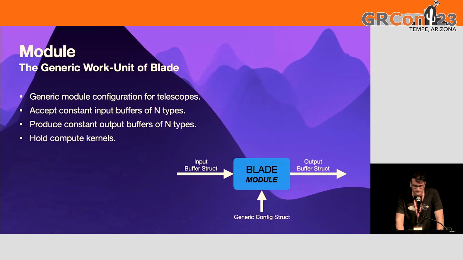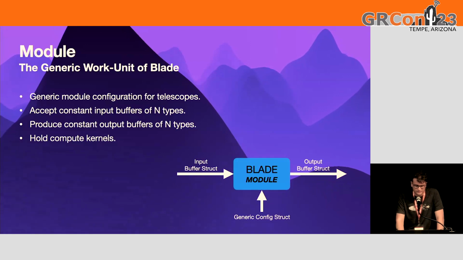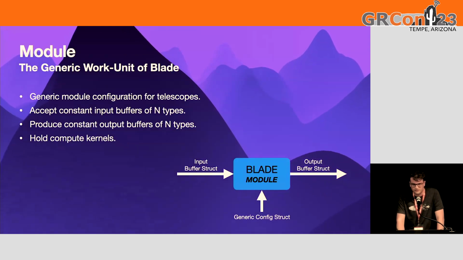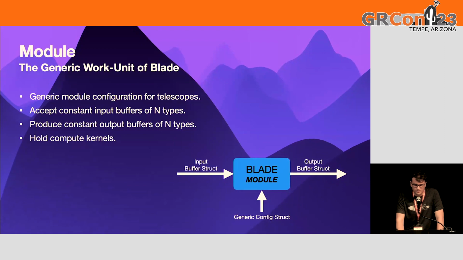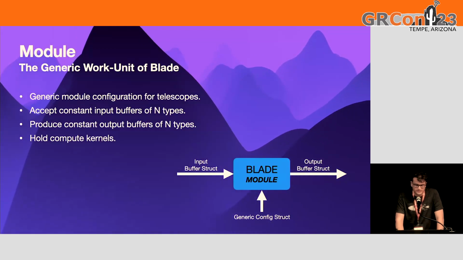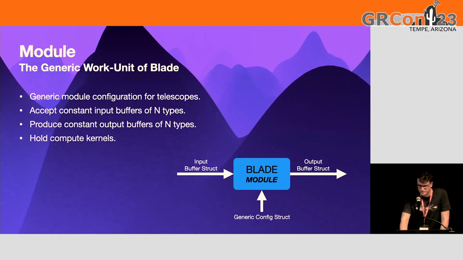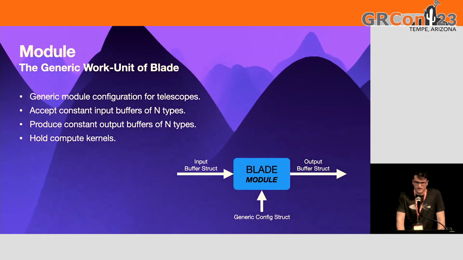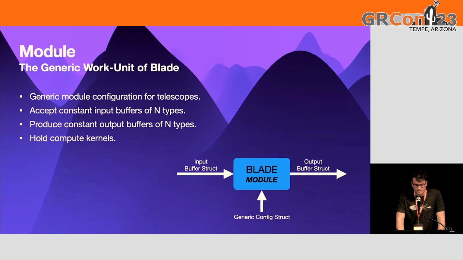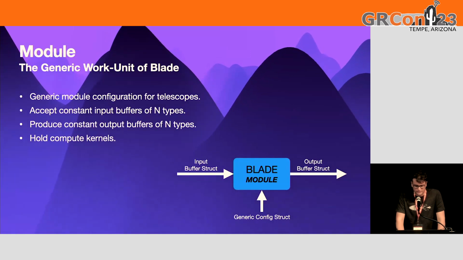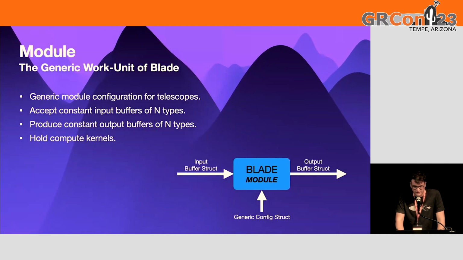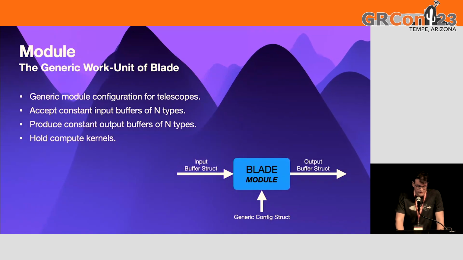One of the design capabilities of Blade is to have a generic config struct for a channelization module, so it doesn't vary between telescopes. So you can use the same code on multiple telescopes. We're trying to use Blade on the VLA right now, other than the ATA, for our SETI resources there.